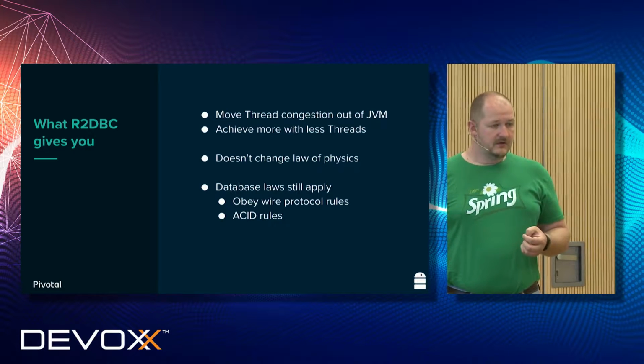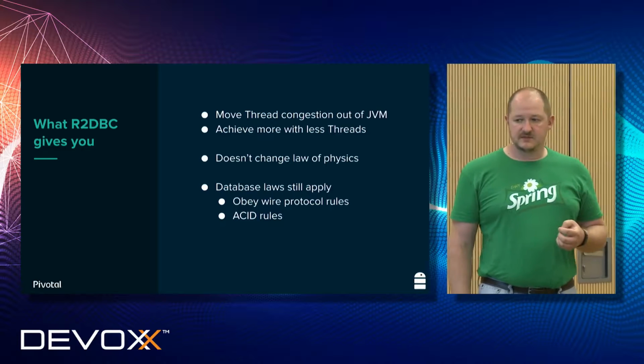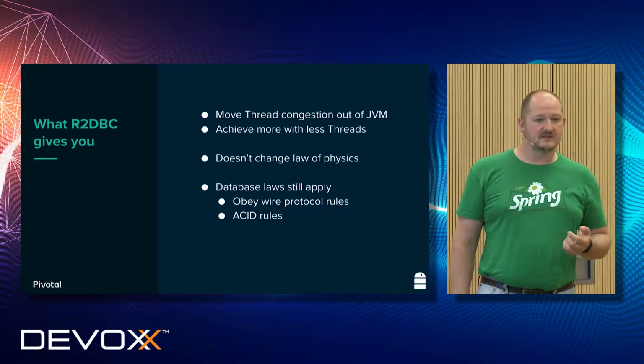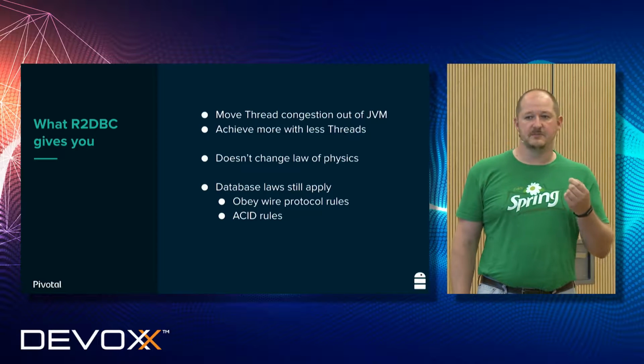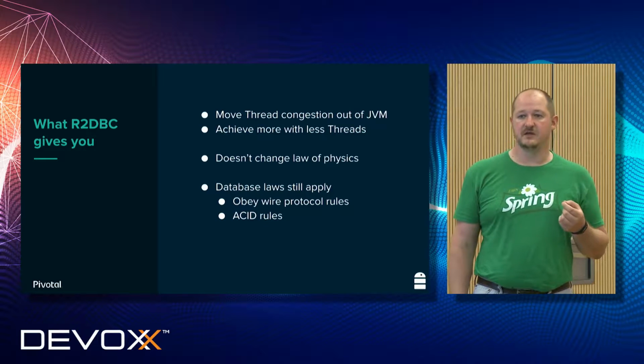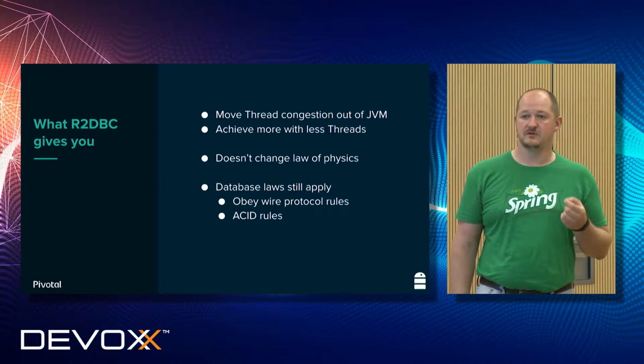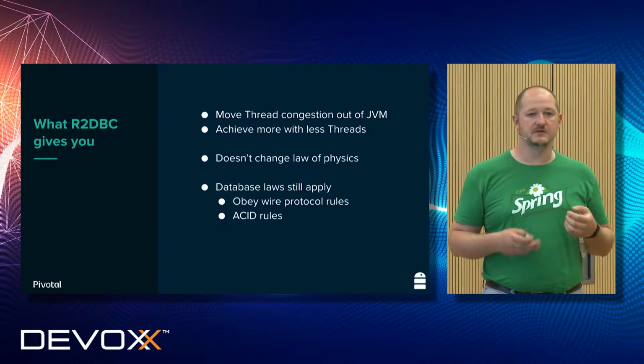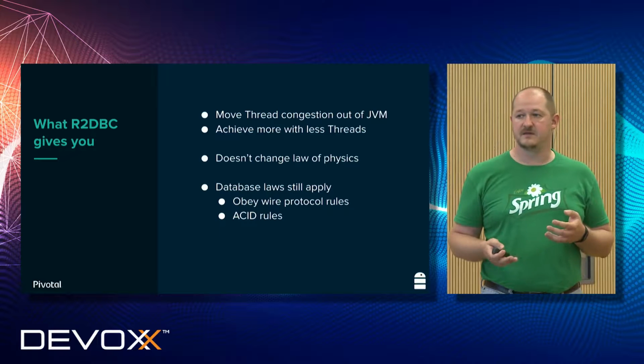Well, hearing all that might sound like magic, but really what R2DBC gives you is just solving a very particular problem. And this is solving the thread congestion in your JVM that arises out of blocking database access. Not more, not less. We have still to stick to the database-specific rules and the protocol rules that are imposed by the database vendors.